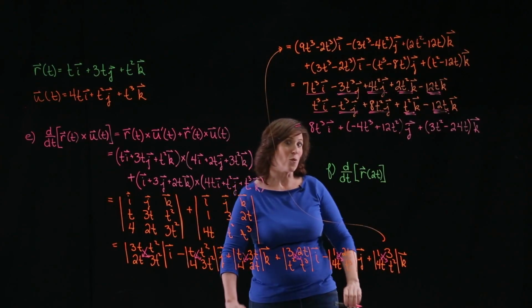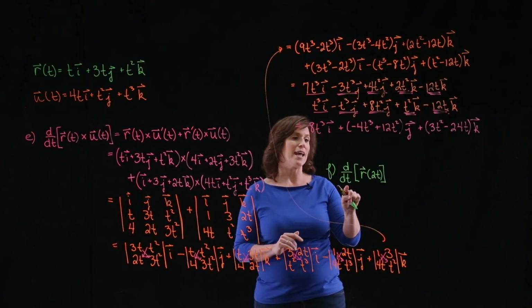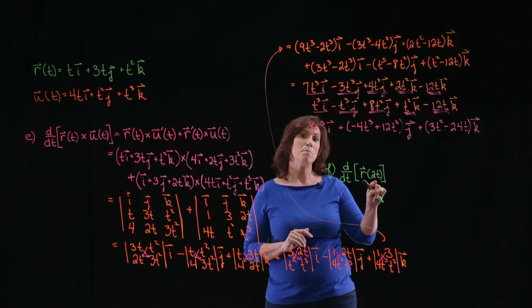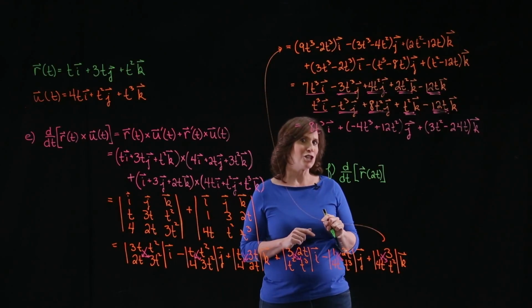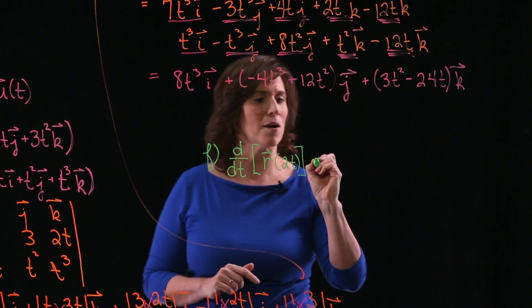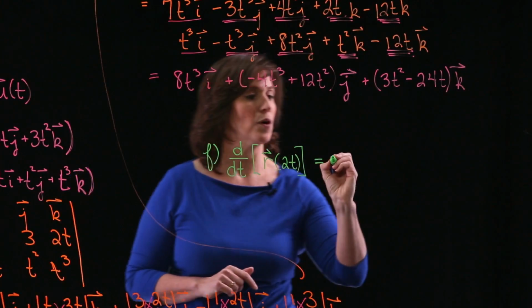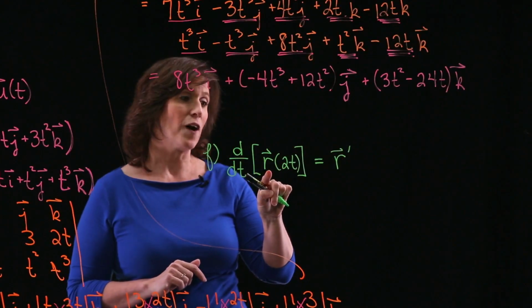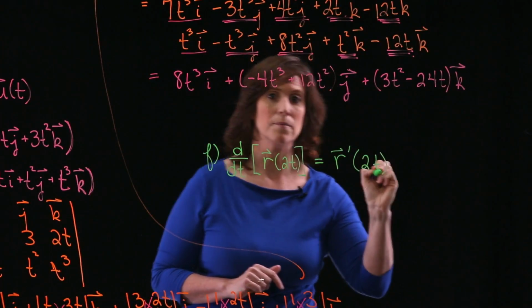Okay, one last one. Part F. Part F, we're trying to take the derivative of my vector valued function r that's composed with 2t. This one is going to require the chain rule. So we know that when we take the derivative using the chain rule, we'll be taking the derivative of my vector valued function and composing it with 2t.